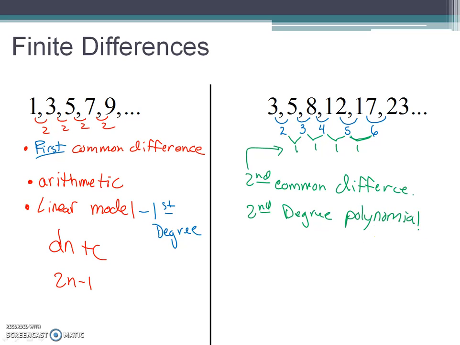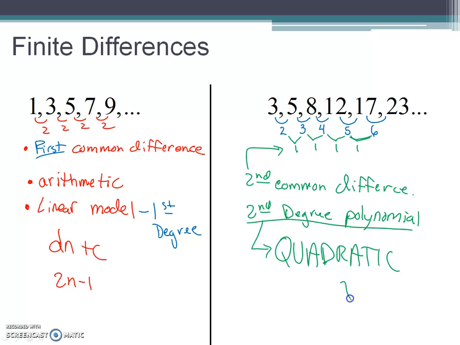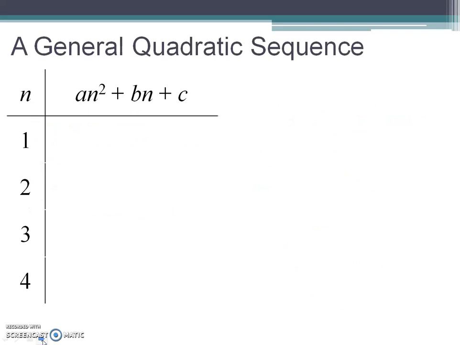A second-degree polynomial is also known as a quadratic, with an x squared, or in this case, an n squared, somewhere in this model. So for the rest of this video, we're going to examine ways to actually write out that equation. So let's check it out.